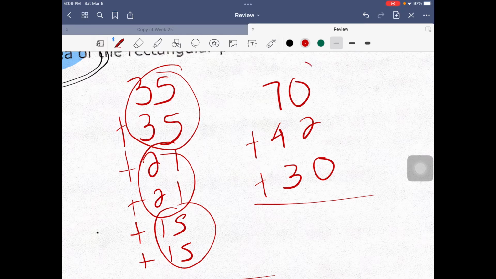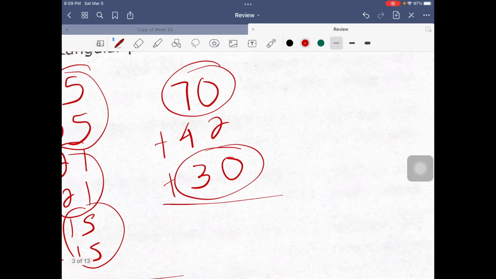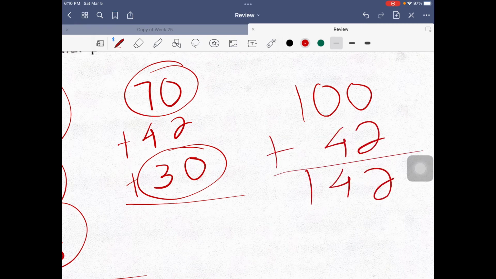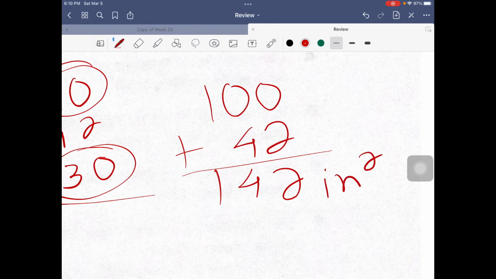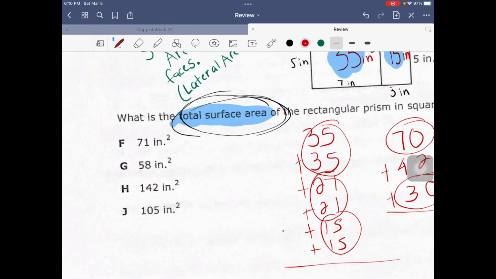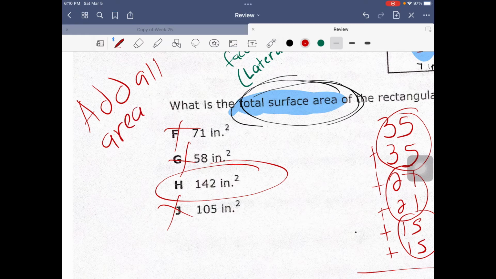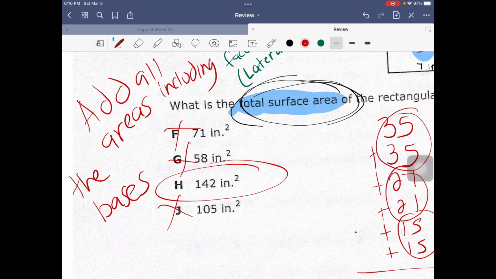I just want to make this easier for you. 70 plus 30, 100. 100 plus 42, 142 inches squared. Vámonos. This is your answer. Total surface area, add all areas, including the bases. Including. Make sure you remember that.